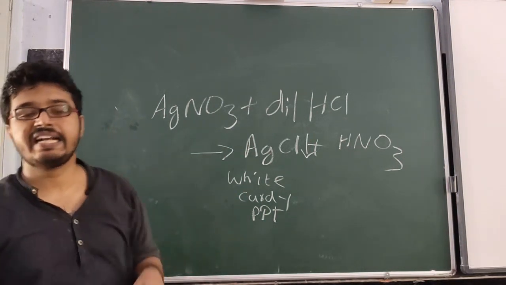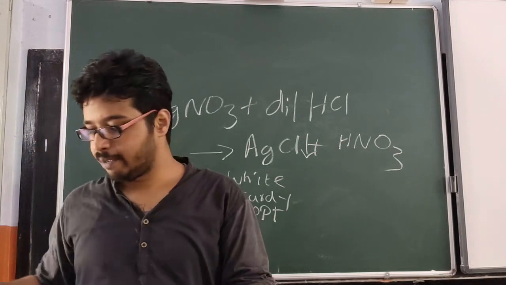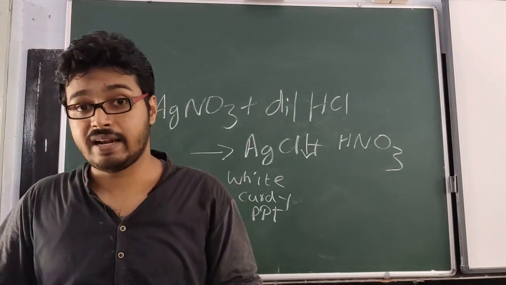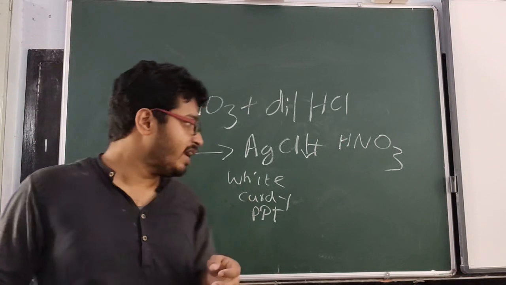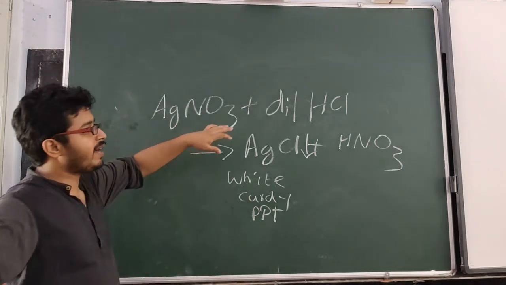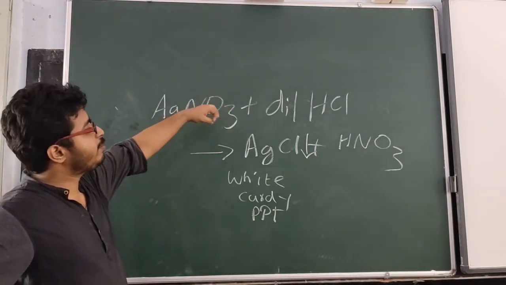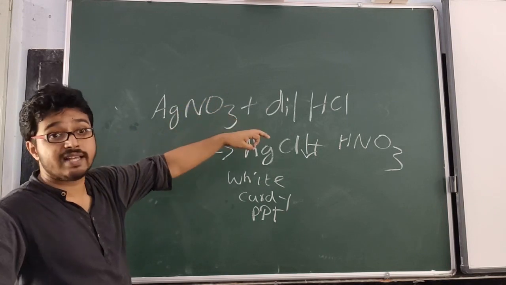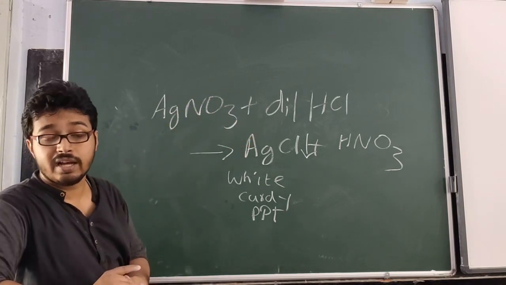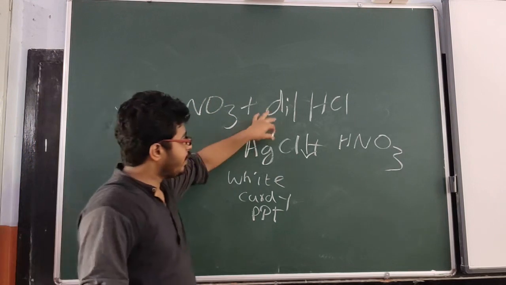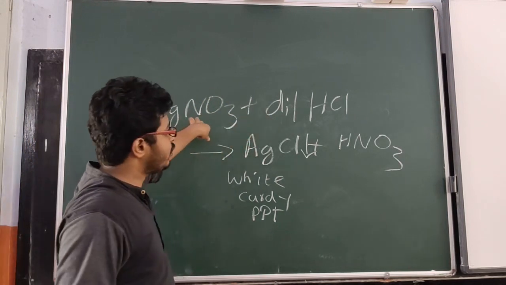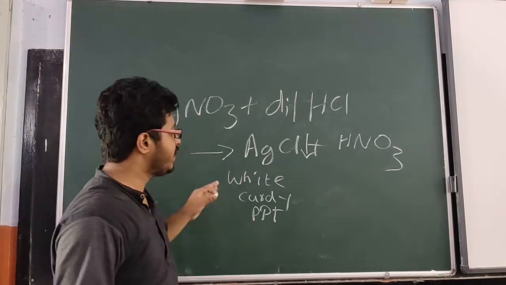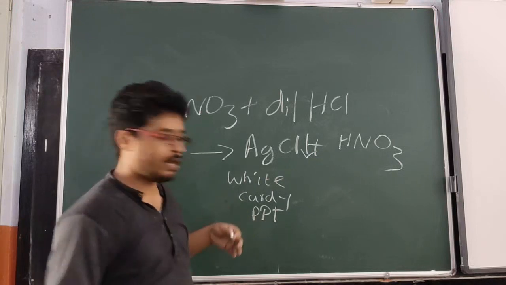That is the second test to identify the presence of HCl. Here we have to take dilute HCl, not hydrogen chloride gas. So we are supposed to mix AgNO3 solution with dilute HCl to get the white curdy precipitate of AgCl.